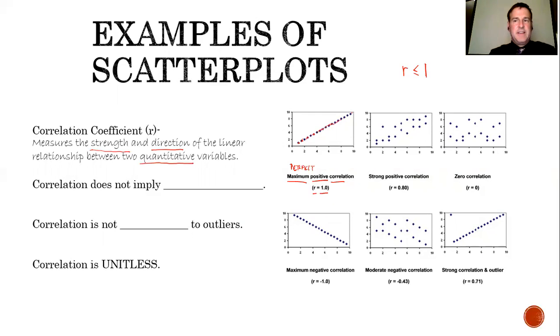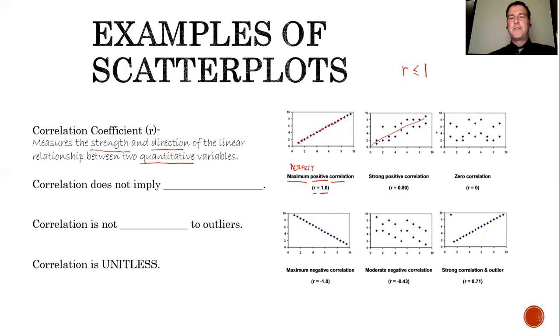All right. Second thing is this. As your points deviate from making a straight line, they kind of delinearize, if that makes sense, and scatter about, you'll notice that your r value will start to approach 0. So r was perfect here. That was 1. Here, as the points scatter a little bit, notice that it dropped to 0.8.